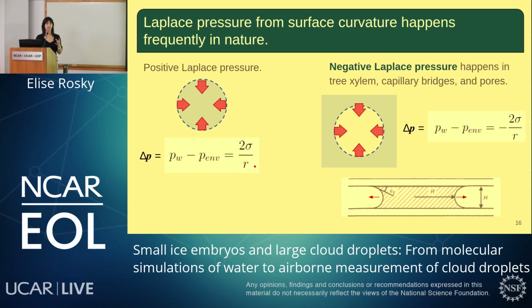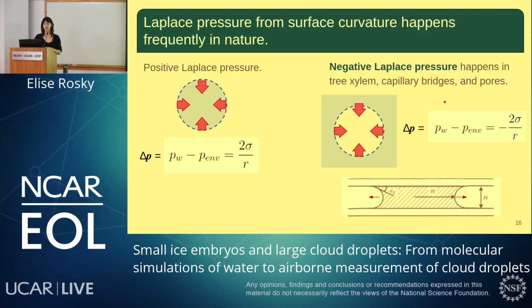So the higher the radius of curvature, or the smaller the droplet, the larger the Laplace pressure is inside your droplet. You can also have negative Laplace pressure, where in this case you're looking at a bubble in the water, and the surface tension wants to close that bubble, so therefore you're pulling on these water molecules, and it's associated with negative Laplace pressure, which uses the same equation just with negative radius of curvature.